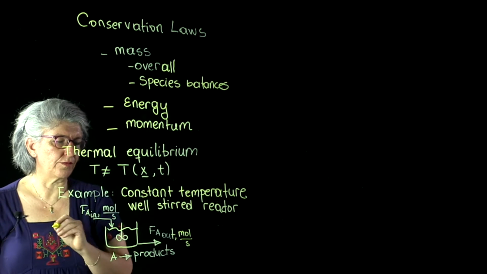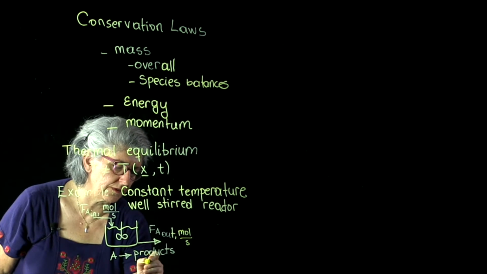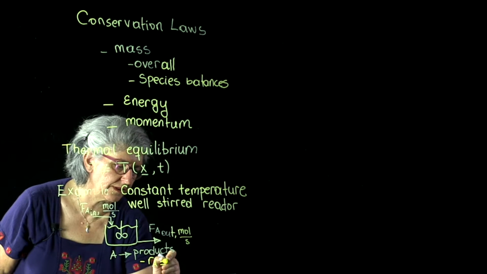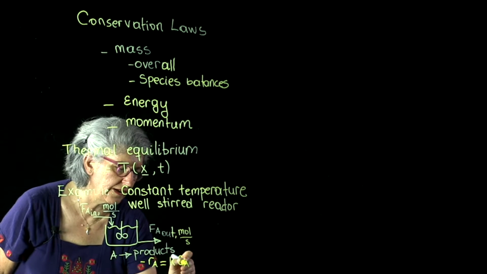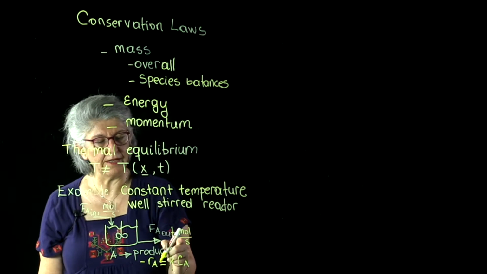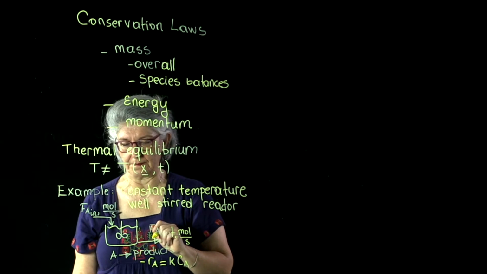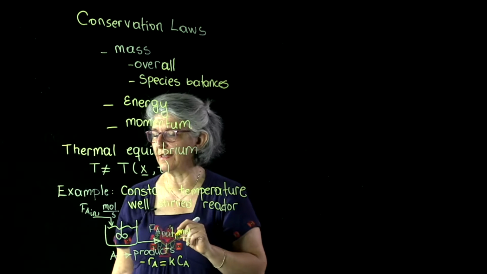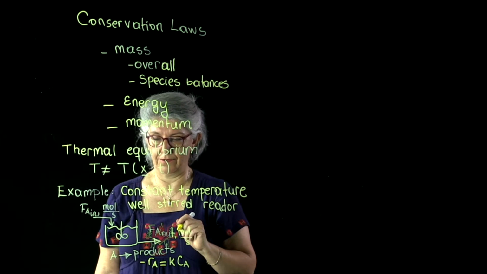This A goes to products reaction has a constitutive rate expression given by minus R sub A, that is equal to K times Ca. The power of the concentration is unity, indicating that the reaction is first order. And this minus sign in front of Ra indicates that A is depleted during the process.